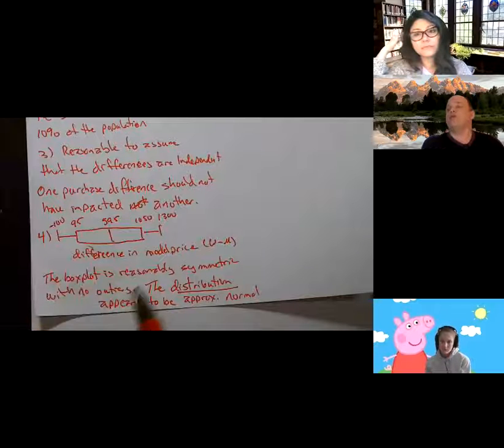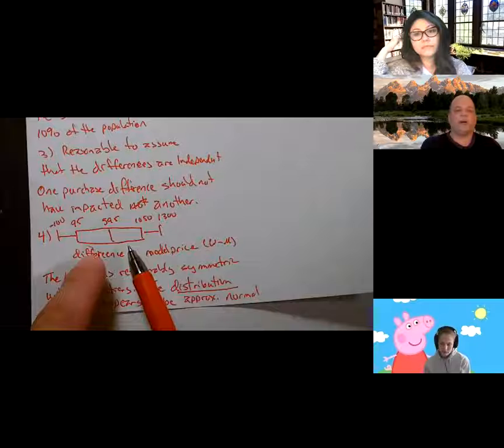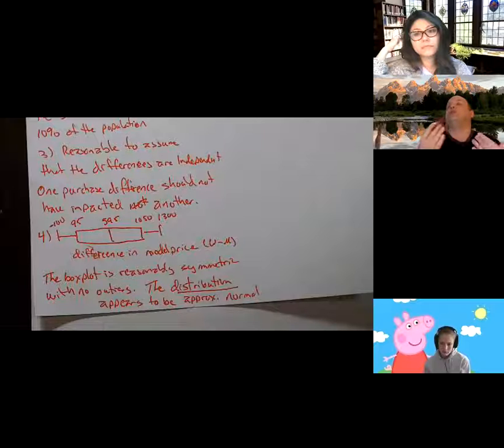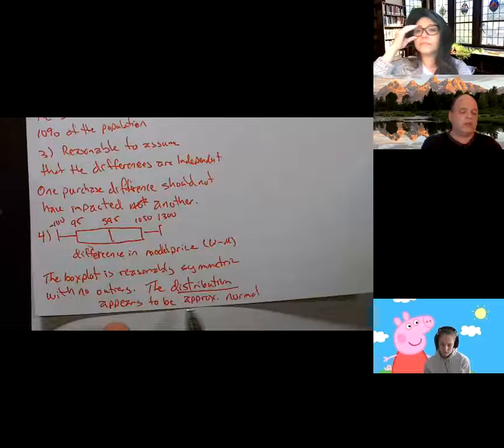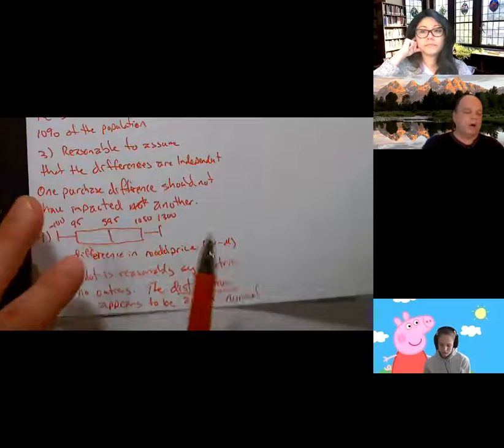We know that samples should look like the population. So the distribution of the sample is approximately normal. Therefore, we believe the distribution of the population is approximately normal. That's essentially what we're saying, but we can shorten it down to just saying the distribution appears to be approximately normal because we know samples should look like the population. Okay? All right.